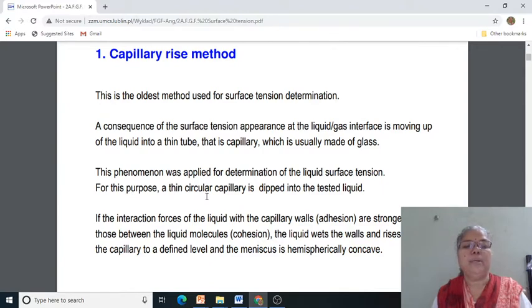For this purpose, a thin circular capillary is dipped into the tested solution.